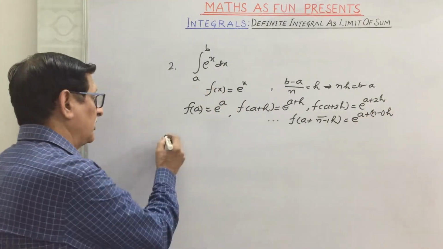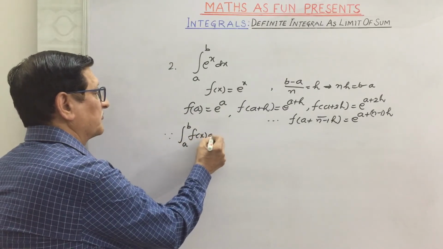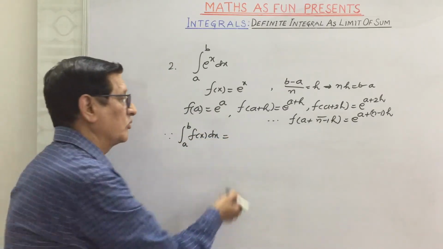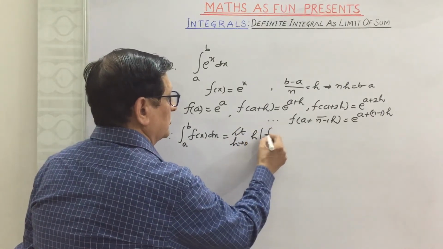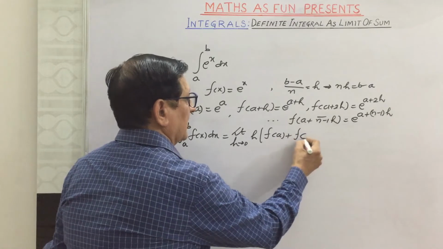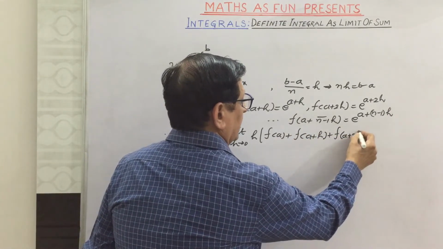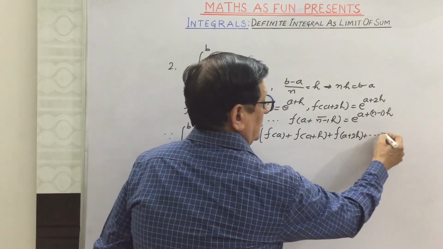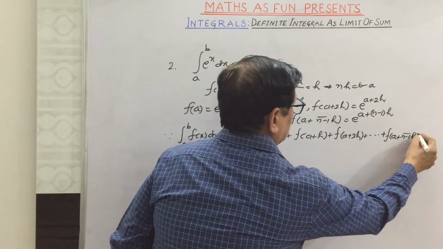Now we know the formula. Since the integral of f(x) dx from a to b is equal to the limit as h tends to 0 of h into f(a) plus f(a plus h) plus f(a plus 2h) plus so on, f(a plus (n minus 1) into h).